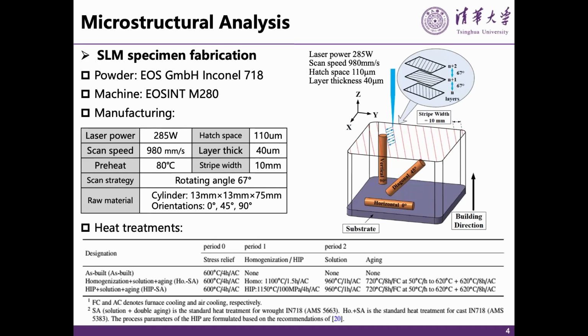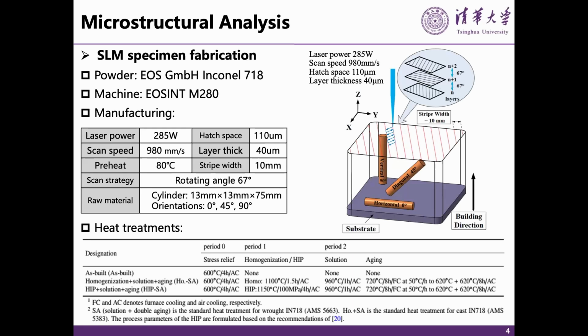Okay, we started with the conventional form to check the isotropy, that means you print the material according to the EOS standard. EOS developed different printing strategies for different materials, also for different parts. We actually use the standard EOS strategy. We assume EOS are much more experienced than we are.